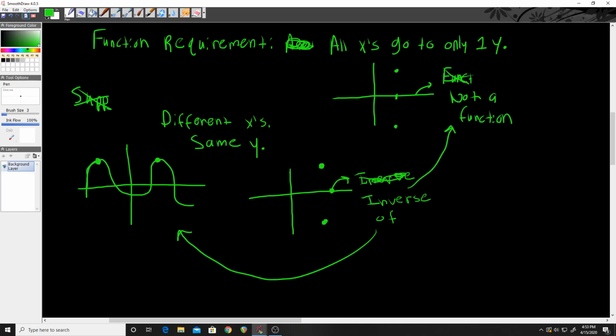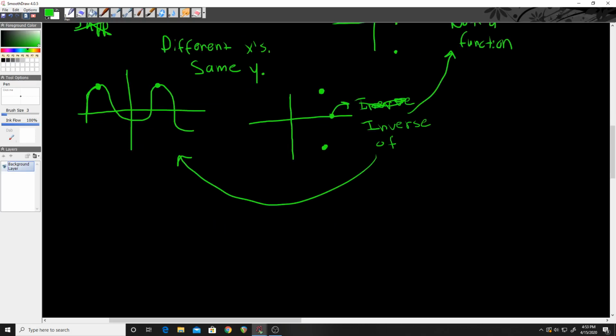Okay, so the point is, to be invertible, every x has only one y.